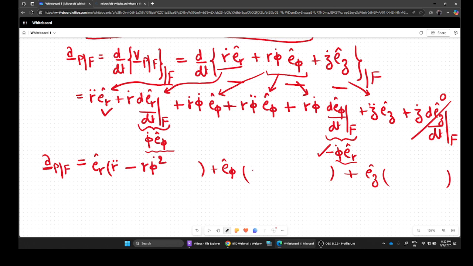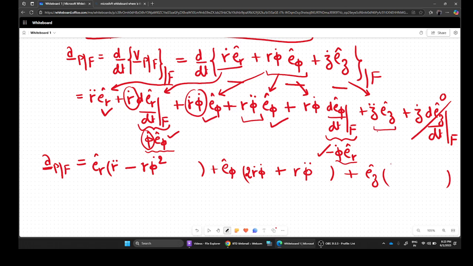E phi, I get one contribution from here, another from here, and both are having the same scalar part, R dot phi dot and R dot phi dot. Going to put 2 here. I have another contribution to E phi coming as R phi double dot, and this is also taken care of.